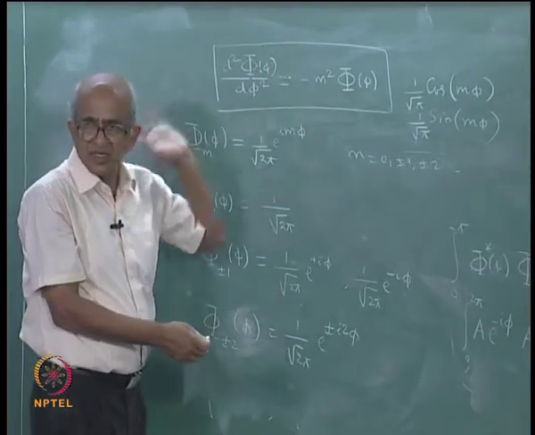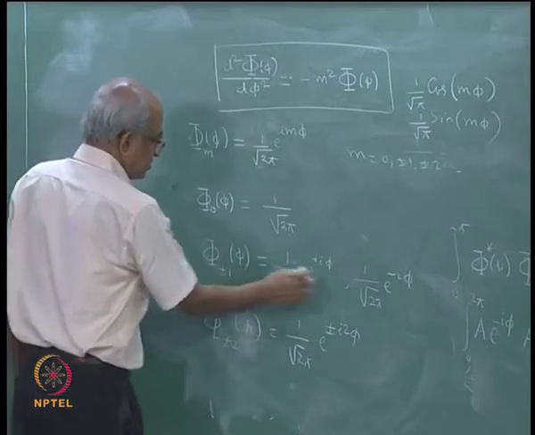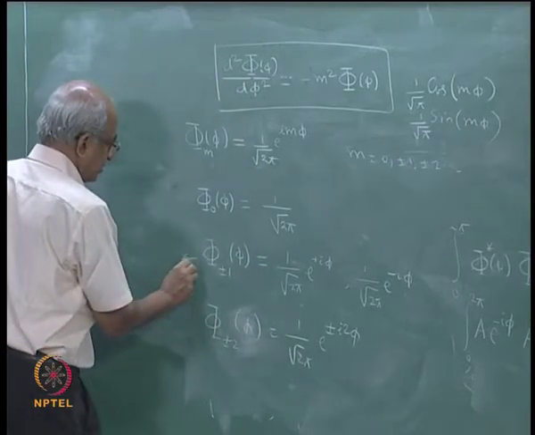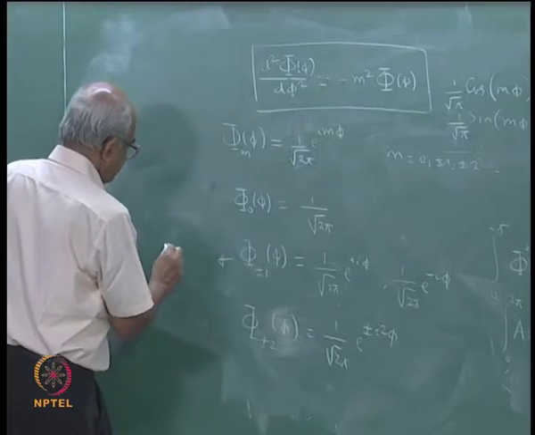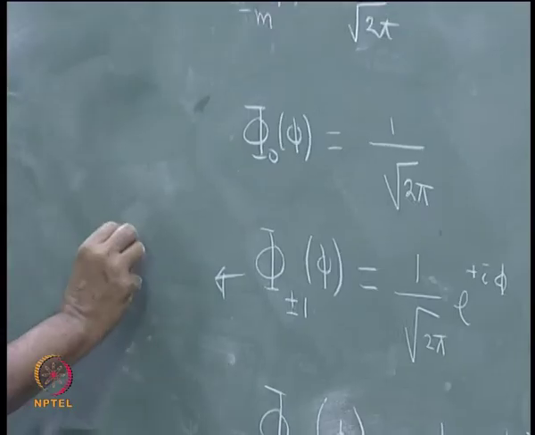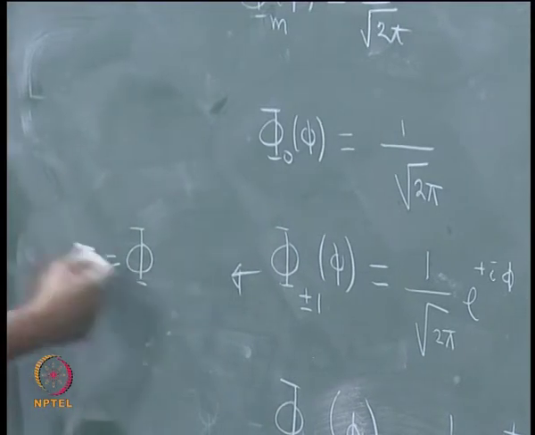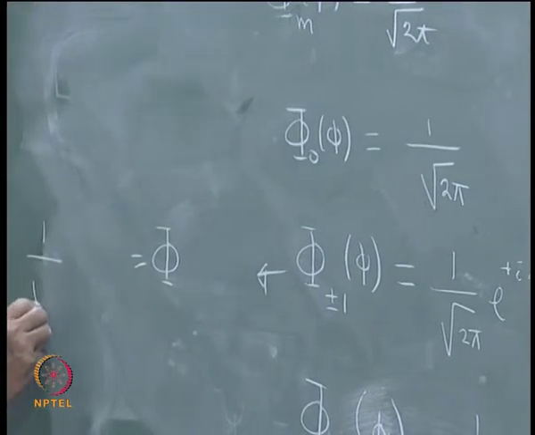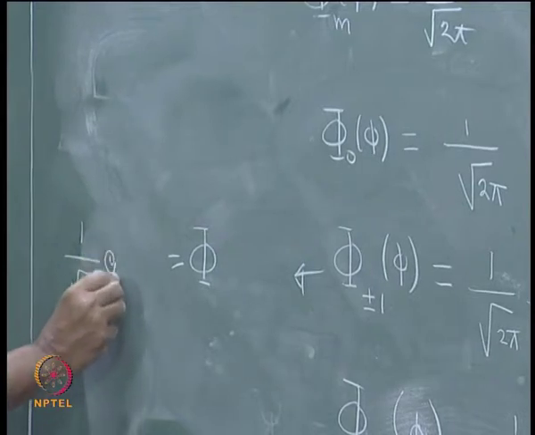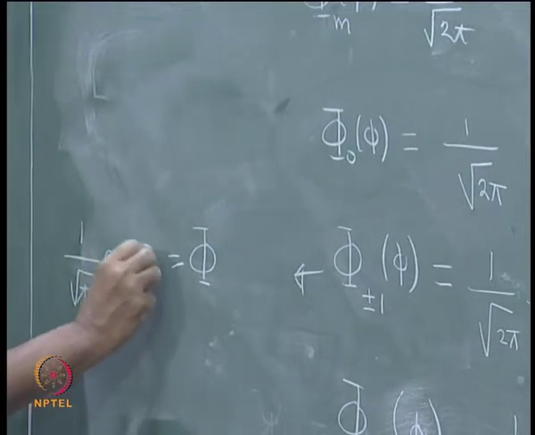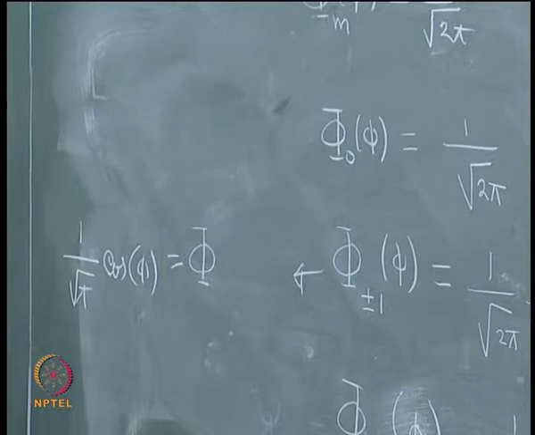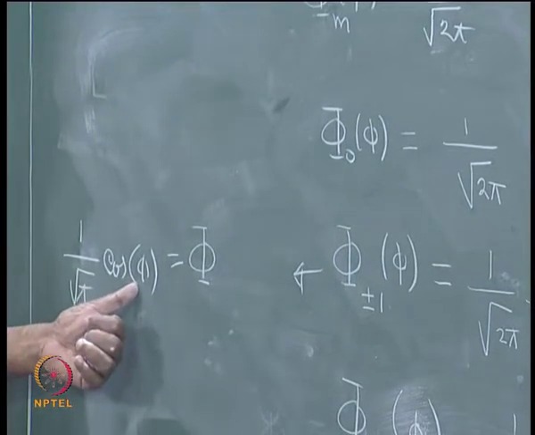I do not have to worry, but as far as these are concerned, I can say okay, I will have a solution which I will write as phi equal to, let me just write to the left, 1 by square root of pi cos phi is a solution, right. Here the value of m is 1.